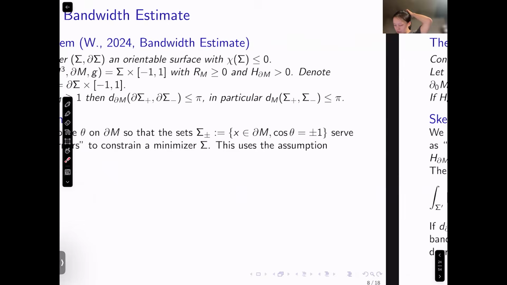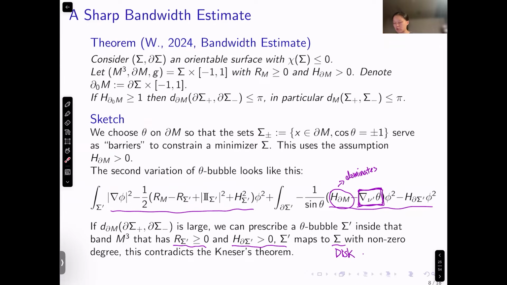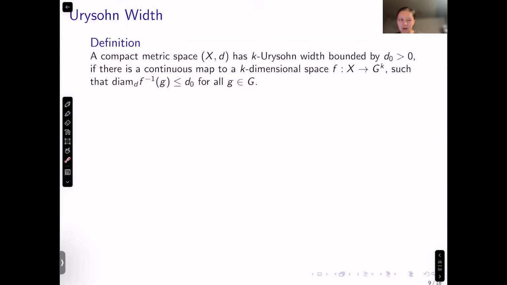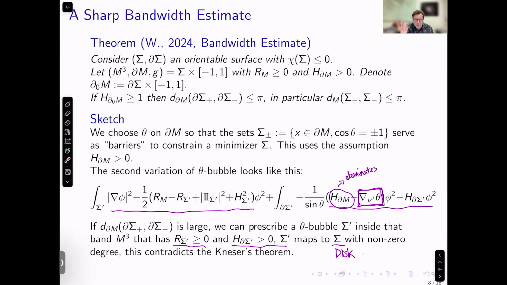And that's a contradiction to Nasser's theorem. So if you map it to a surface, and the map has non-zero degree, you also need to have non-positive Euler characteristic.